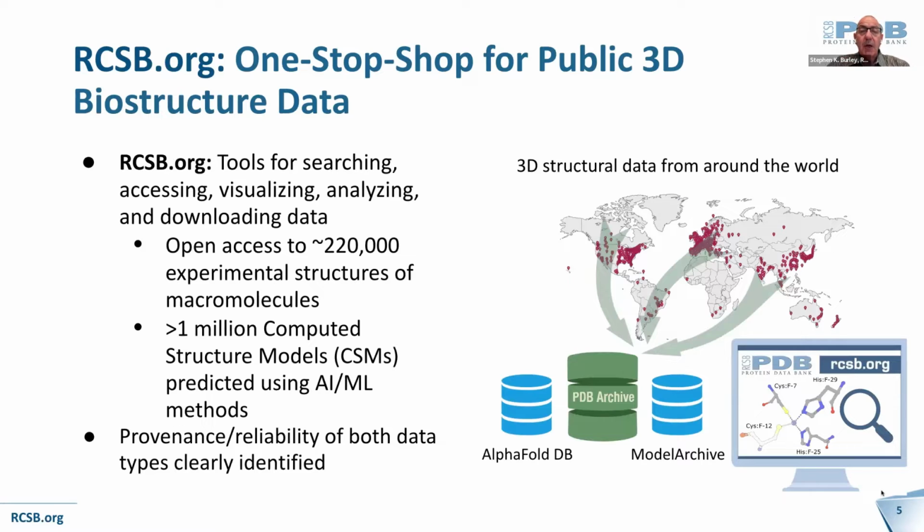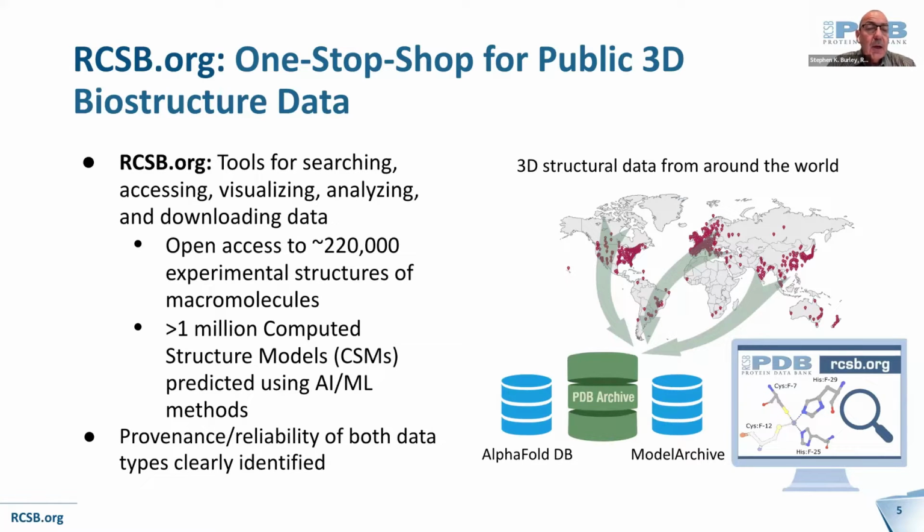The RCSB Protein Data Bank, RCSB PDB, is the US data center for the Worldwide Protein Data Bank Partnership. Our research-focused website is rcsb.org, a one-stop shop for public 3D biostructure data. On this website, we provide tools for searching, accessing, visualizing, analyzing, and downloading data.